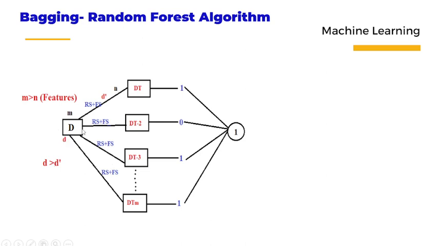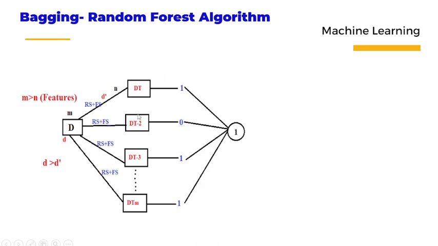Here I am considering a binary classification problem, and based on this data set I am creating the model, and for this model I am using the decision tree. From this data set we pick up some sample of rows and some features and give them to the decision tree. Here I am using the random sampling and feature sampling technique and giving these to decision tree one, and based on that this model is trained.